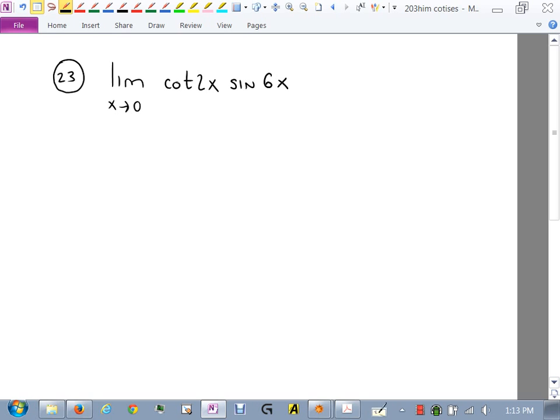Now, because you may not know what cotangent is doing, it might be best to rewrite cotangent in terms of sine and cosine. What is cotangent in terms of sine and cosine? It's cosine of 2x over sine of 2x. But then you had sitting next to that the sine 6x. That might help to see what's happening.